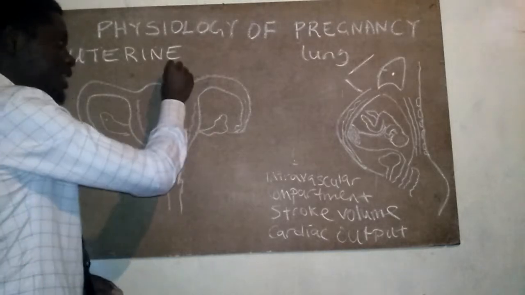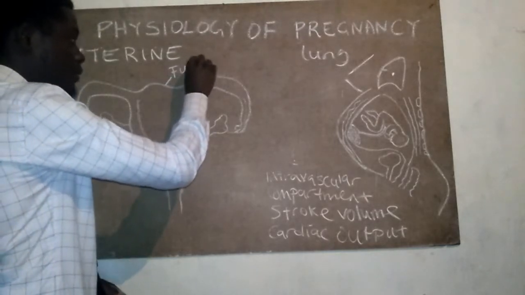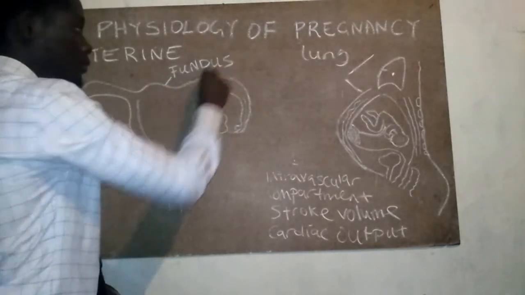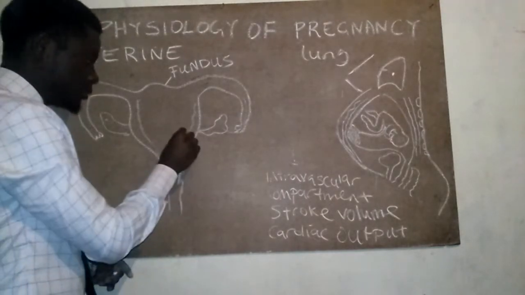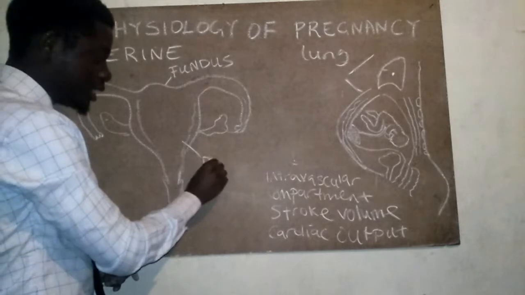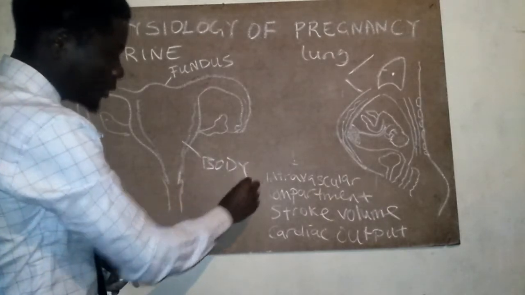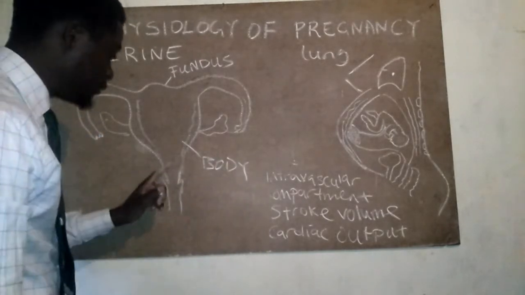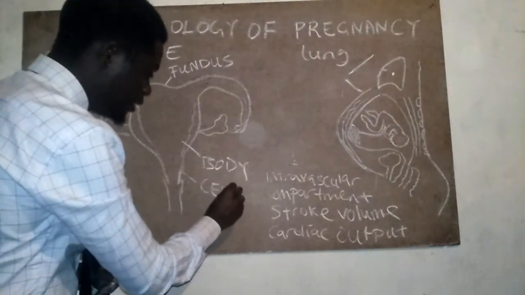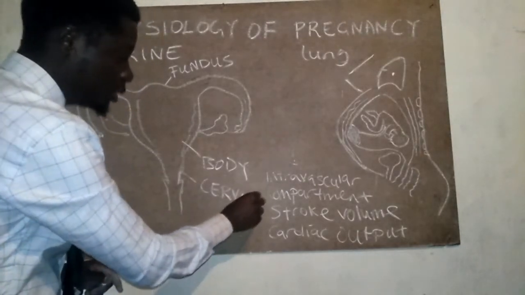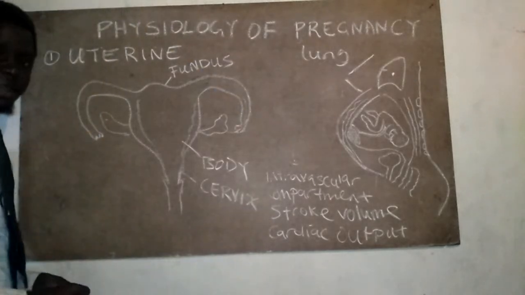So we have the fundus, that's the fundus of the uterus. We also have the body of the uterus. And as well as that, we have the cervix, so that's the cervix here. All these parts constitute the uterus.